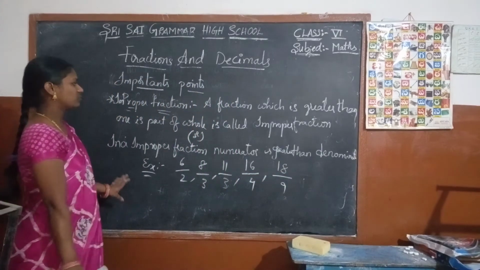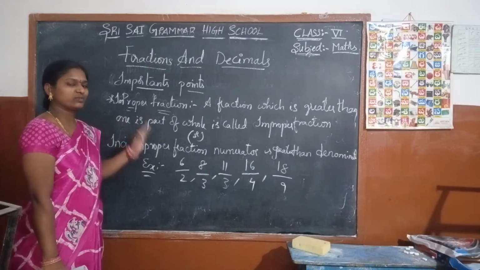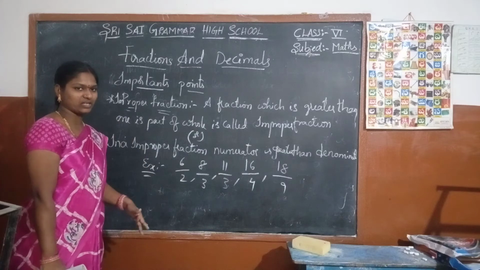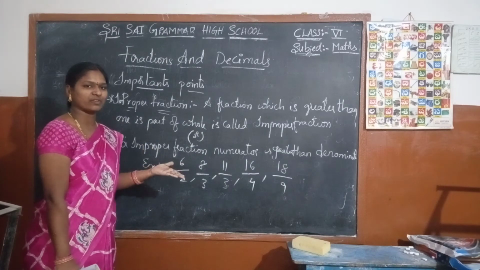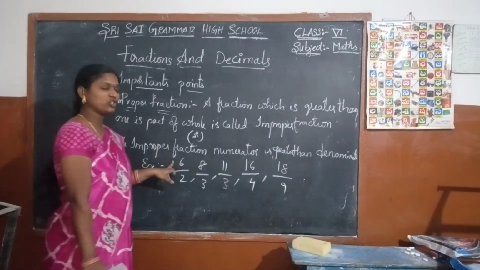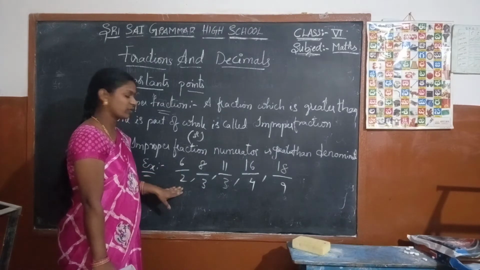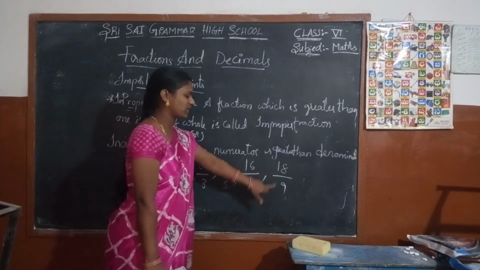Now, can you observe, in the previous proper fraction we wrote that the numerator must be less than the denominator. In this improper fraction, the numerator should be greater than the denominator. Here 6 by 2, 8 by 3, 11 by 3, 16 by 4, 18 by 9.